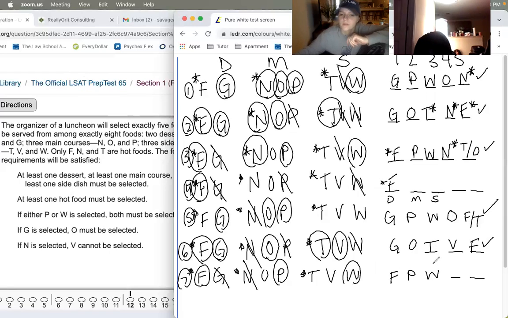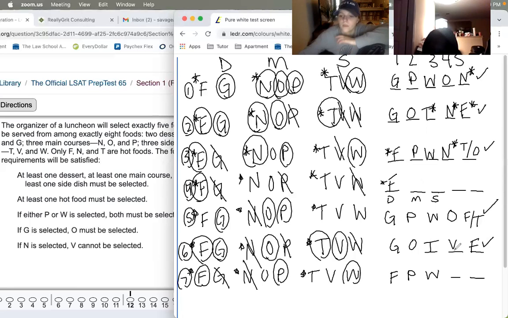Do we have to be forced to pick any of them? Have we completed all of our, we have our hot food, we have one from each group. Are we good there? We have our hot food, we have our dessert, we have our main, and we have our side. So that just means that O, T, and B become floaters.